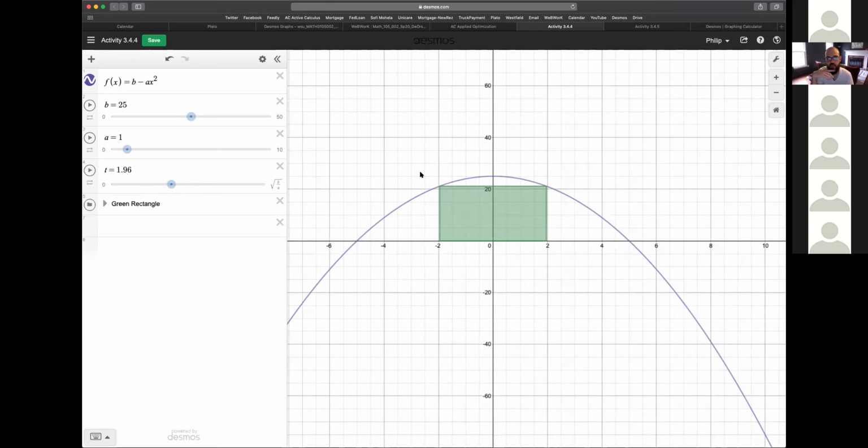We used Desmos here to draw ourselves a nice picture, and we can actually interact with it. We can see we have lots of possibilities. So the question becomes, which one's the biggest in terms of area? So where do we start? Somebody give me an idea.